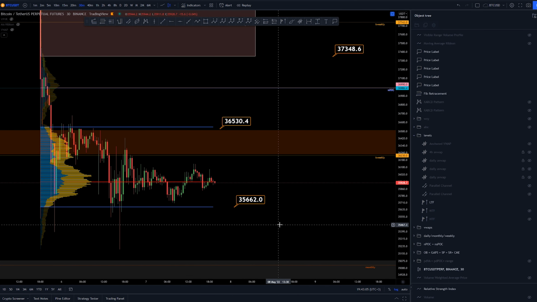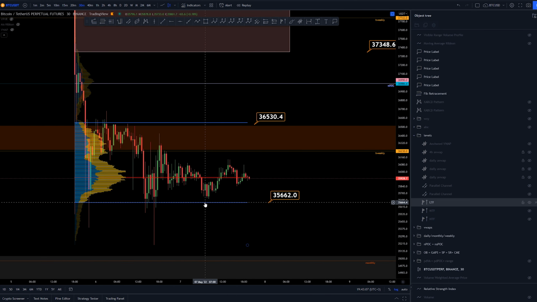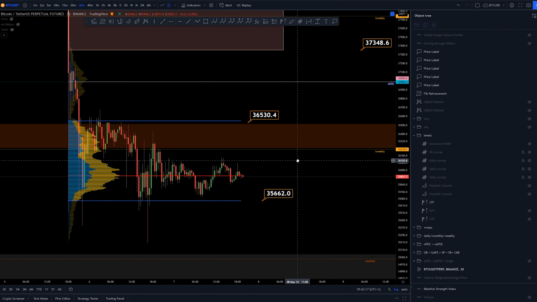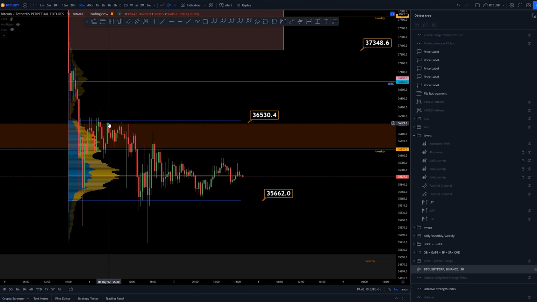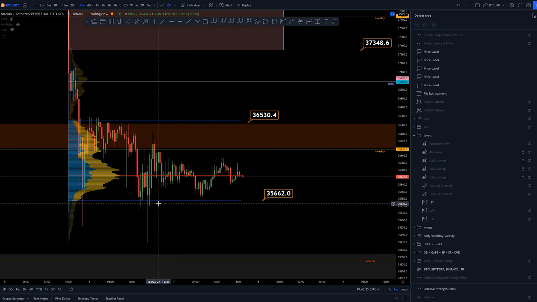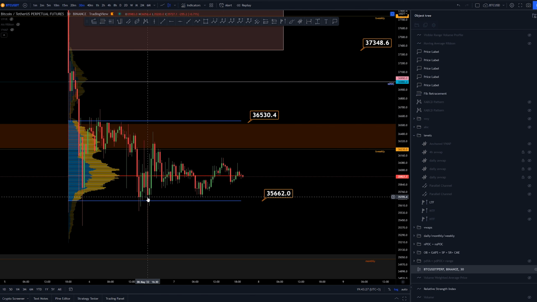If you get a nice divergence and a touch on this line and close above it, there's a good possibility it goes higher. I have taken my short right around here that I closed completely, and I have a long from here that I have taken most of, like around 75% already off.